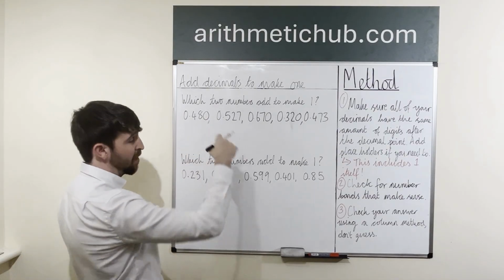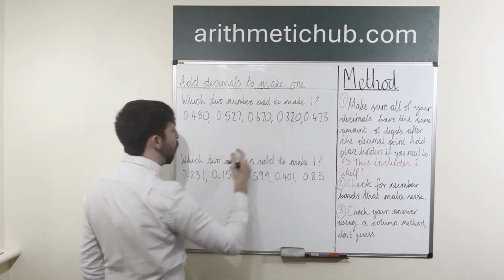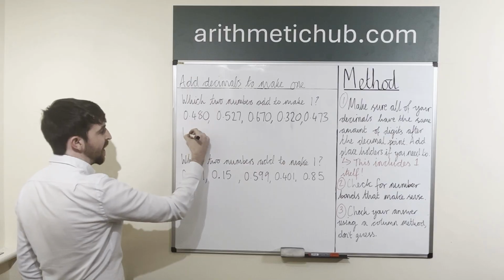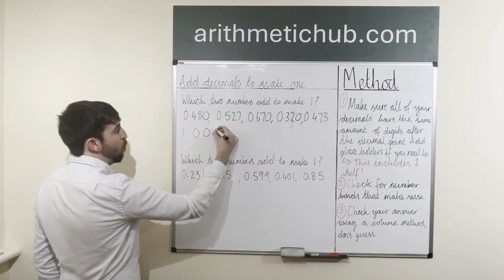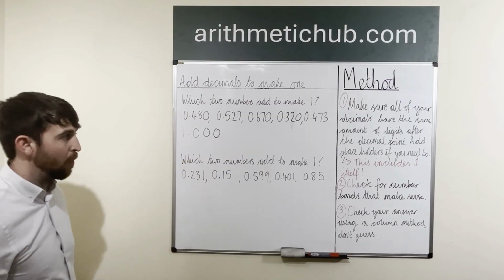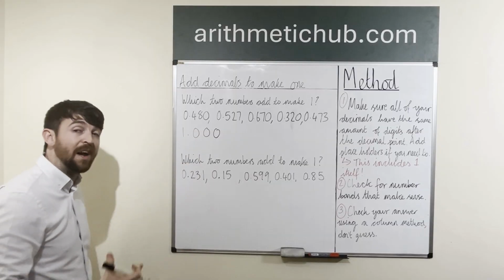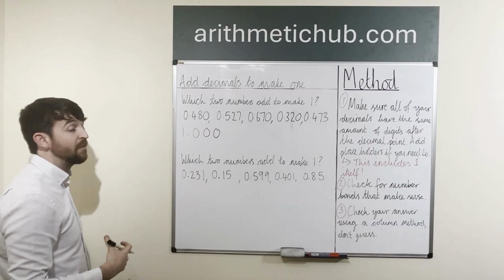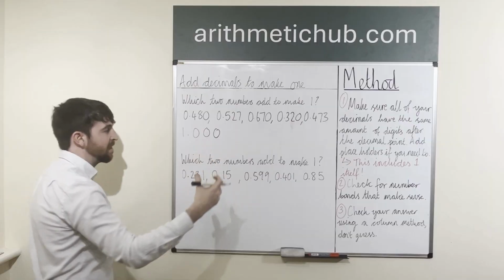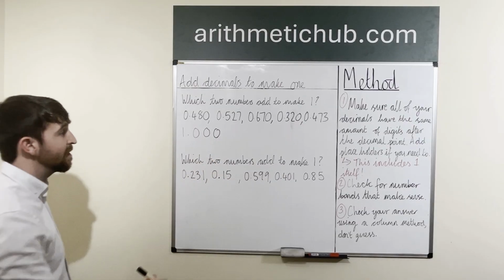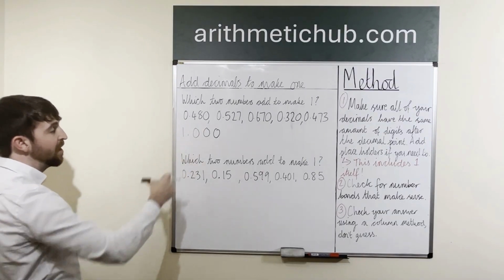This only works because I can add as many placeholders to these as I need to, which is what happens with my 1 over here, because 1 is the same as 1.0 or 1.00 or 1.000. We don't normally write it like that, but it's the same value, and sometimes you might have seen that when you were doing, for example, division with decimals. So 1.000 is exactly the same as 1.